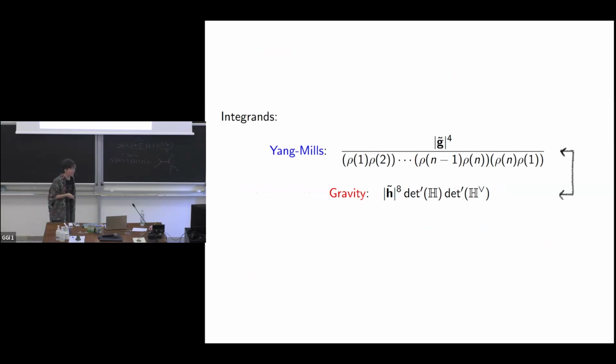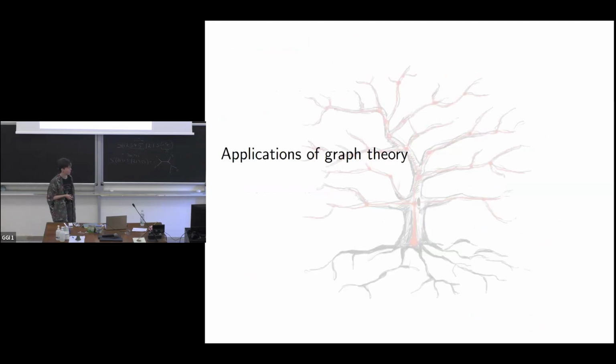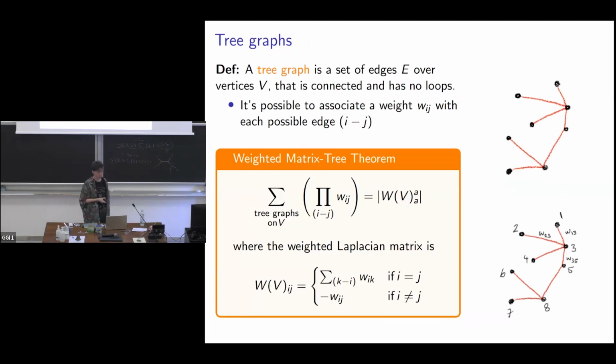And for that, I'm going to go into the world of some simple graph theory. I'm sure everyone is familiar with tree graphs. These are just a set of edges over some set of vertices V that is connected and has no loops.